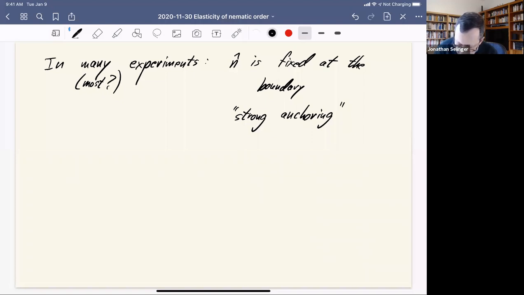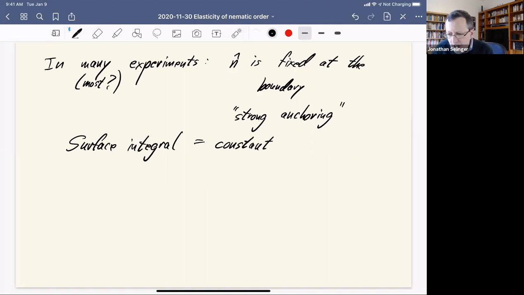In that case, the surface integral is fixed. It is a constant. It's determined by whatever is happening at the boundary, and it is not free to change.